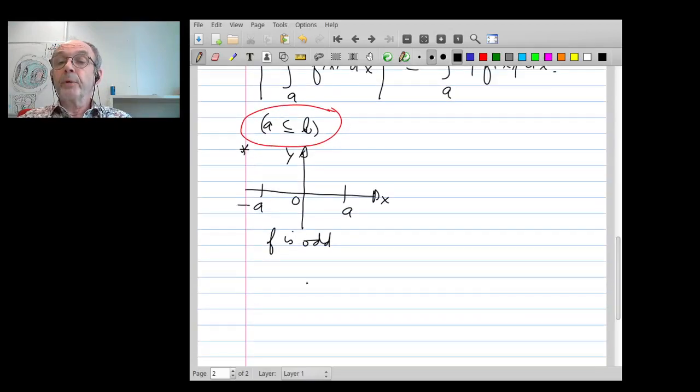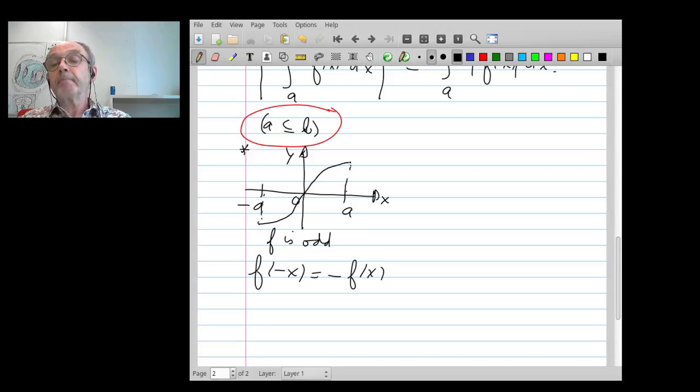And with odd, that means that the value of f of minus x is minus f of x. If that is the case, then the integral from minus a to a of that function will become equal to 0.